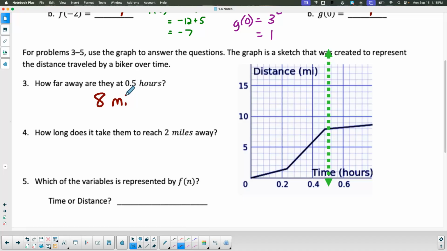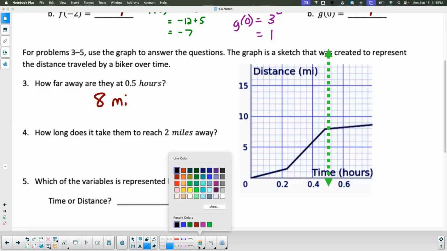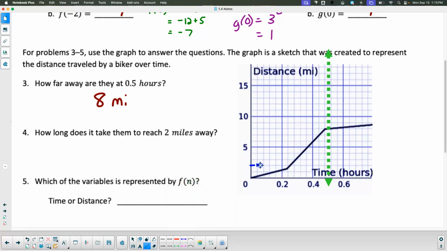Okay. How long does it take to reach 2 miles away? So this would be 0.3 there. So I would say 0.25-ish, somewhere in that range.